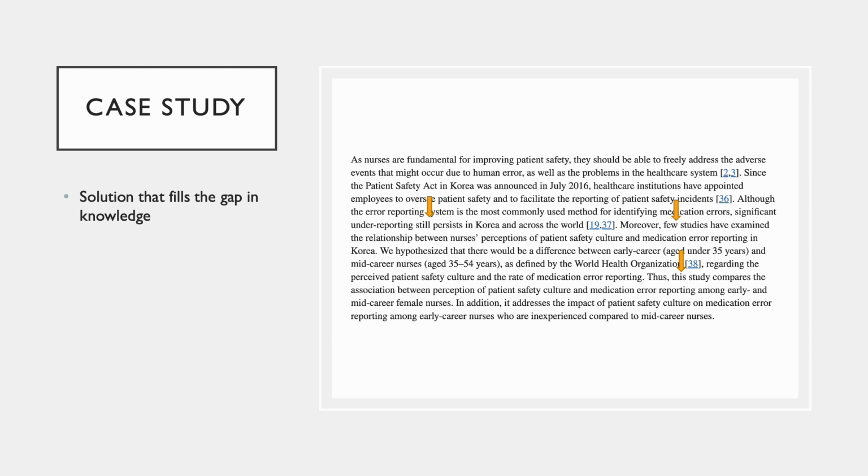So now you're getting to what the study does. This gives you the solution that fills the gap in the knowledge. The solution is this study compares the association between this variable and that variable.